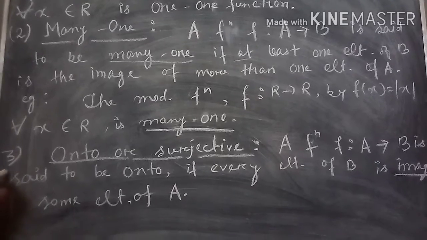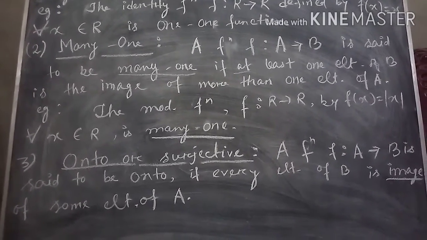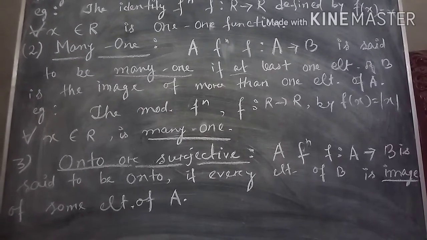Now type 3, onto or surjective. There is another function called onto or surjective function.